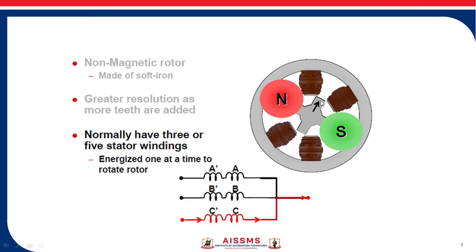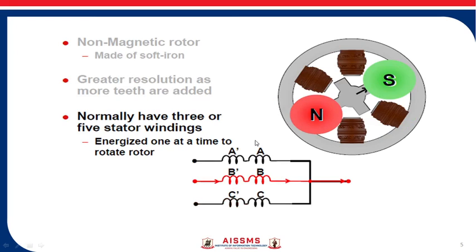You can see over here that when the previous A dash phase is excited, the rotor is at this position, and when C dash is excited, the rotor position changes and shifts by 30 degrees. In the third condition, when the C dash phase is de-energized, the switch is opened, and after that the B dash switch is closed.